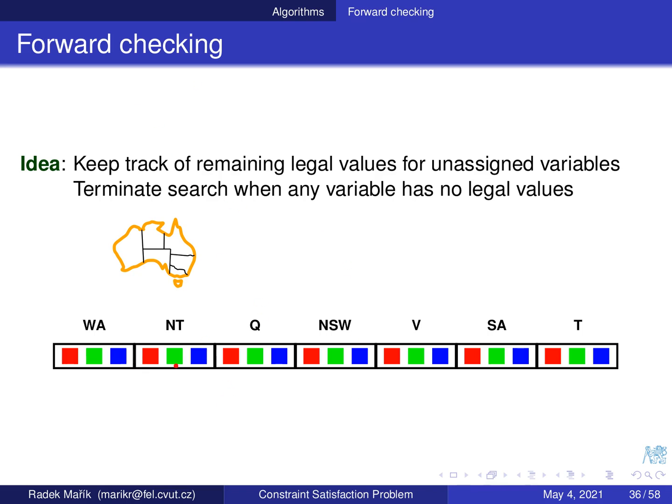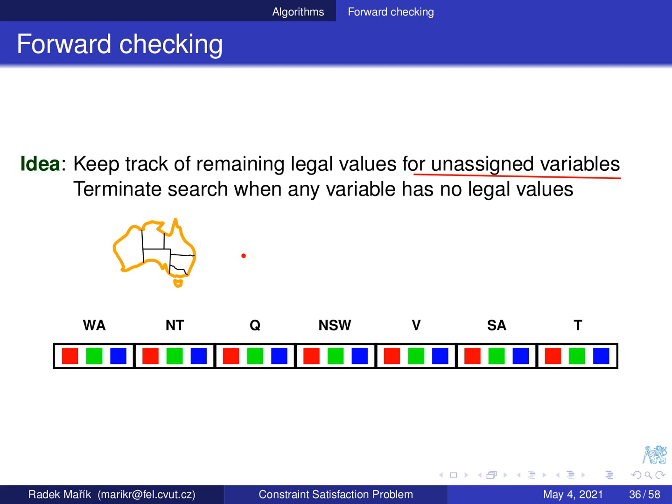Basically, it means that you try to detect failure earlier. You do that by maintaining the remaining legal values of unassigned variables. And if you find a variable that has no legal value, then you know that whatever you do, you always end up with a failure. So you can just fail and backtrack.